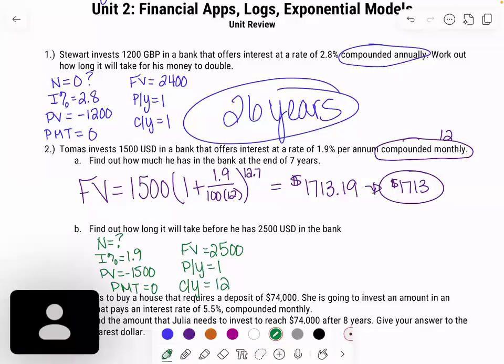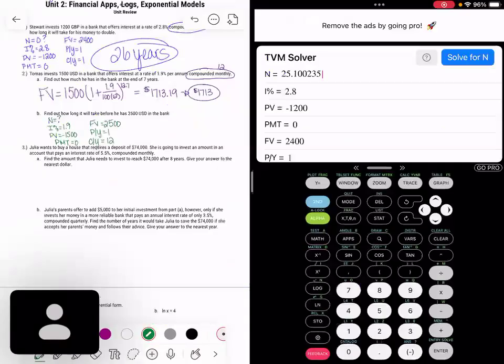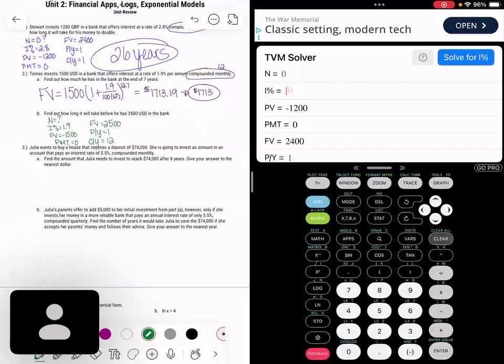So I'm going to go to my finance app. I'm going to type this all in. 1.9. Oops. Didn't want that decimal.